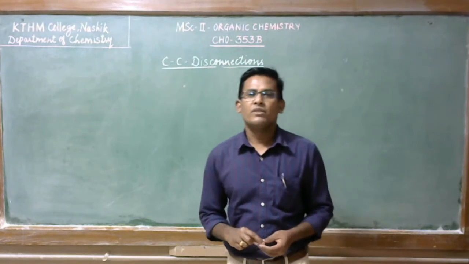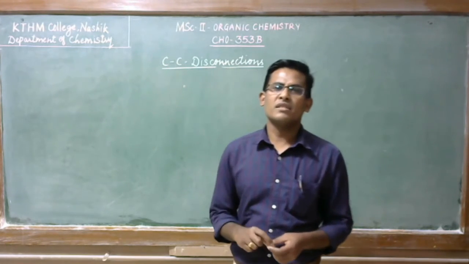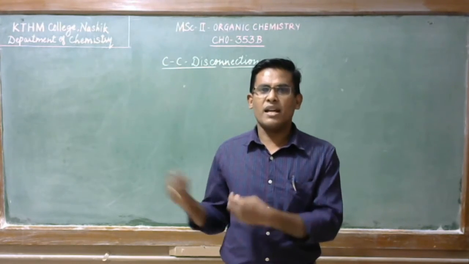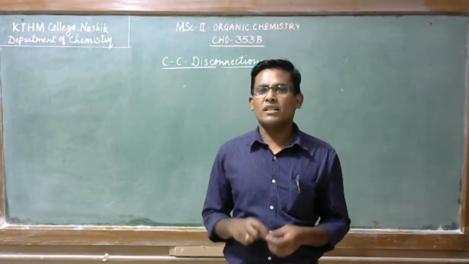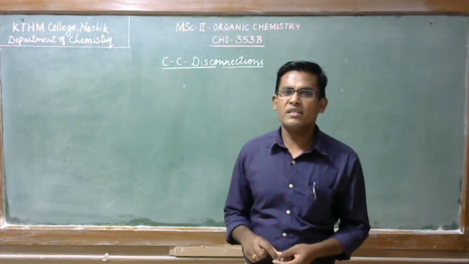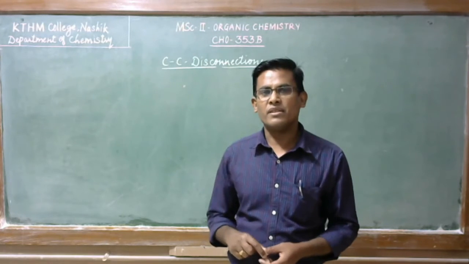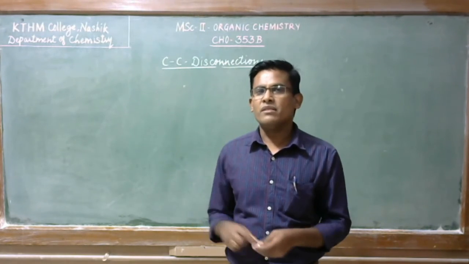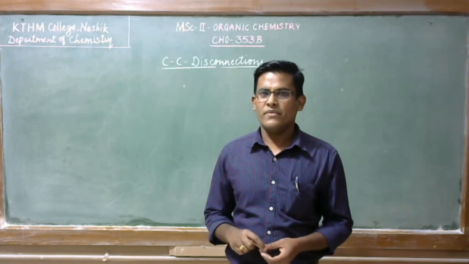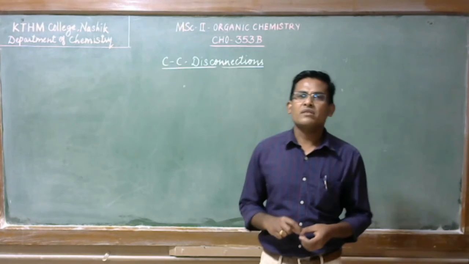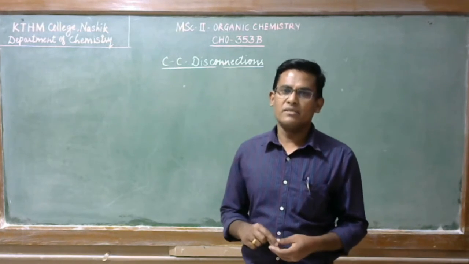Today we will discuss the carbon-carbon disconnections with an example where a cis-alkene is present in the target molecule. As I mentioned before, cis-alkene can be derived from alkyne by employing a Lindlar catalyst. So let us have the target molecule which is having the cis-alkene.